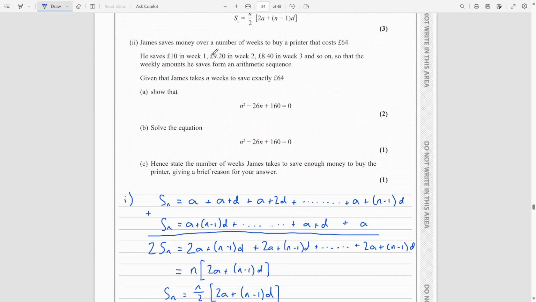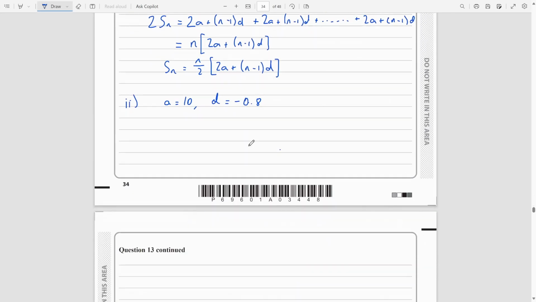We can then just sub that into our formula because we want the sum to be 64. So what is the n which gives Sn equals 64?